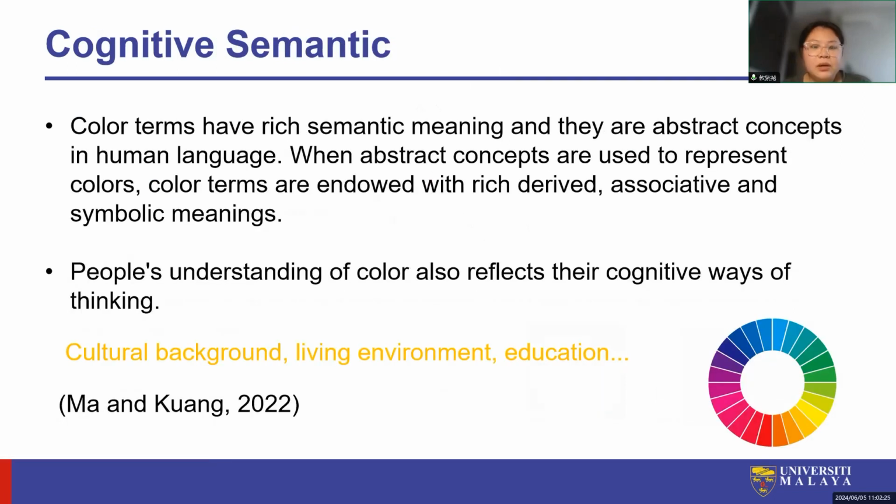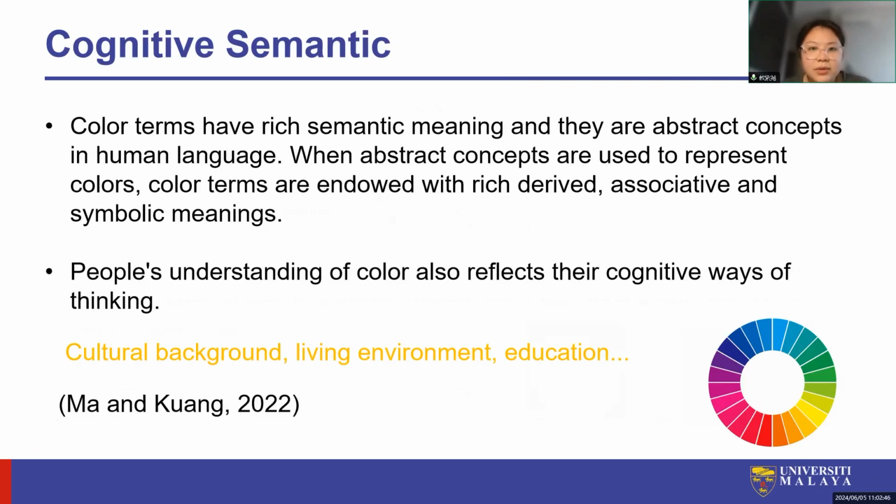Next, after fully understanding this background, we decided to orient our research to explore the differences in the semantic meaning of color words in Chinese and English. Since different countries are involved, the theoretical framework of our research is cognitive semantics.